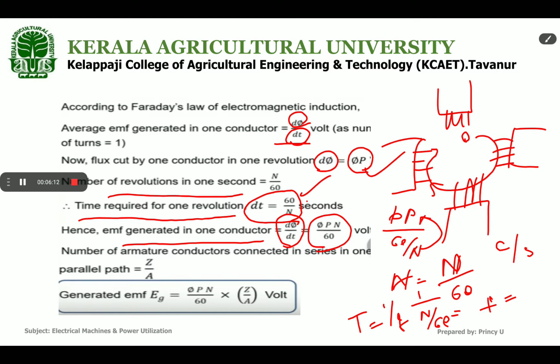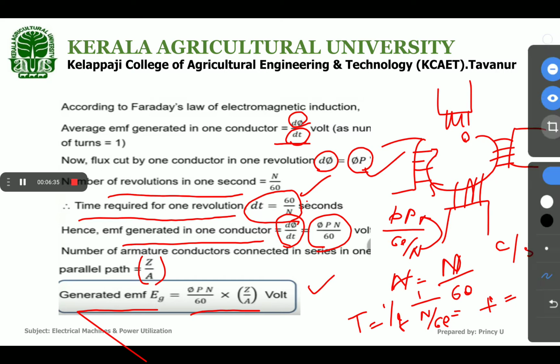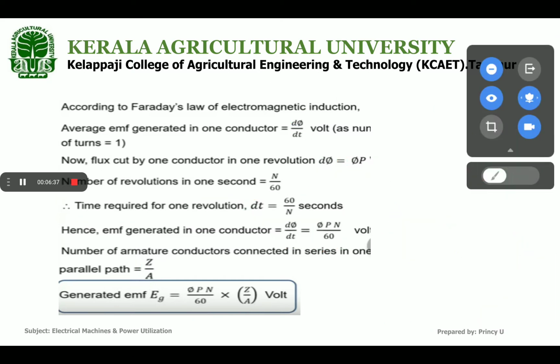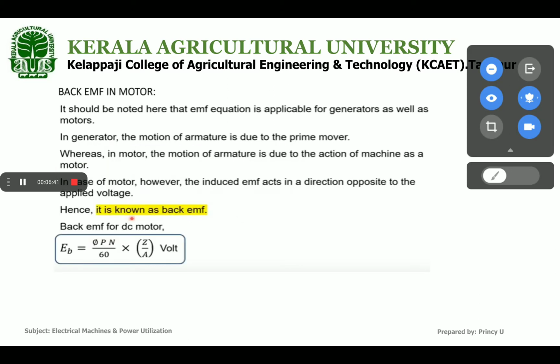Z is the total number of conductors and A is the number of parallel paths, so Z by A is the number of armature conductors connected in series in one parallel path. So we can write the generated EMF as phi P N by 60 into Z by A, and the unit of generated EMF is volt. This is the EMF equation.